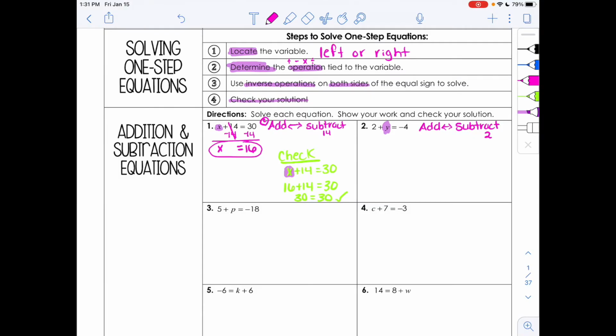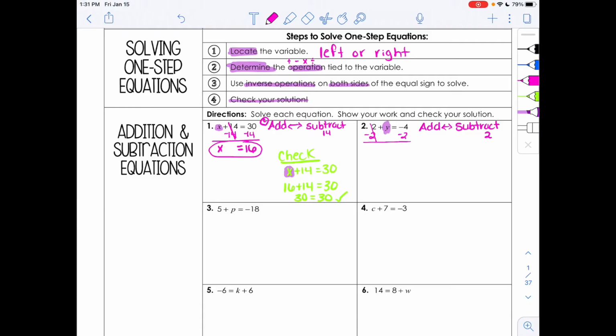So looking at the problem, we're going to subtract 2 from both sides. And if you notice, as I line these up, I'm subtracting that number from my numbers in the equation. I'm not subtracting it from that variable. 2 minus 2 here is 0. And again, we don't put 0, we just mark it out.